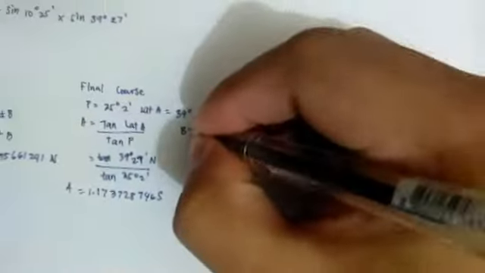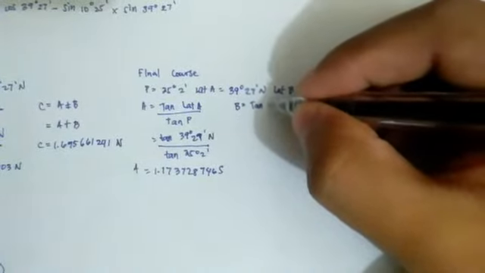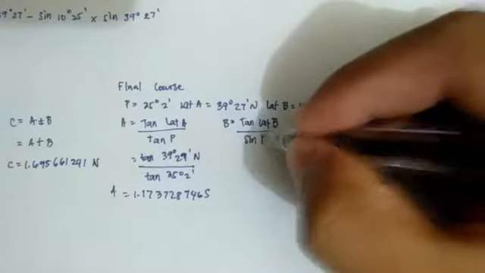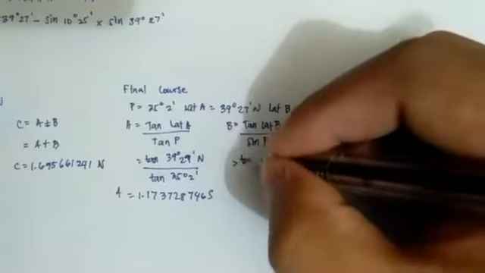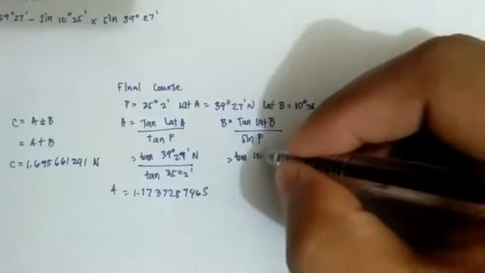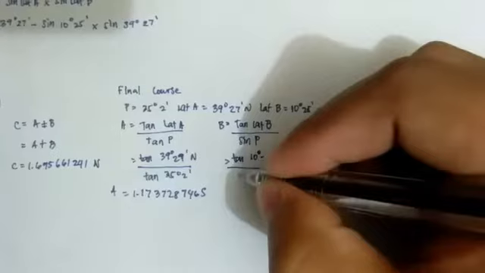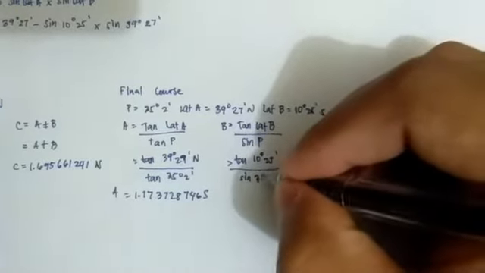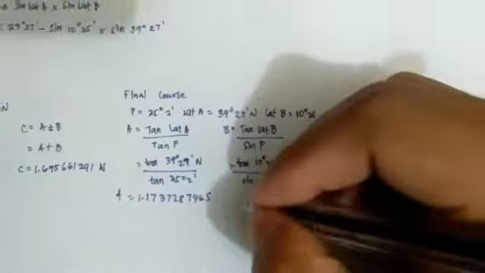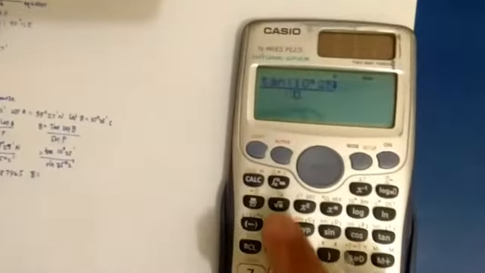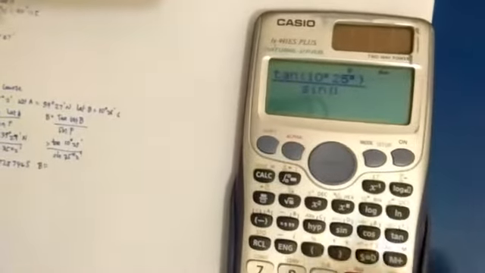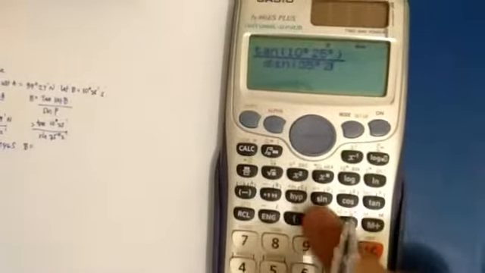Next is our B. We will use the same formula, which is tan latitude B over sine P. That is tan 10 degrees 25 minutes over sine 35 degrees and 2 minutes.